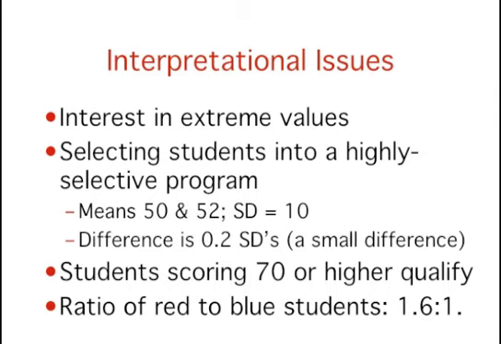Although this difference is small in absolute terms, the ratio of red to blue students who qualify is 1.6 to 1. This means that if 100 students were to be accepted, and if equal numbers of randomly selected red and blue students applied, 62% would be red and 38% would be blue. In most contexts, this would be considered an important difference.